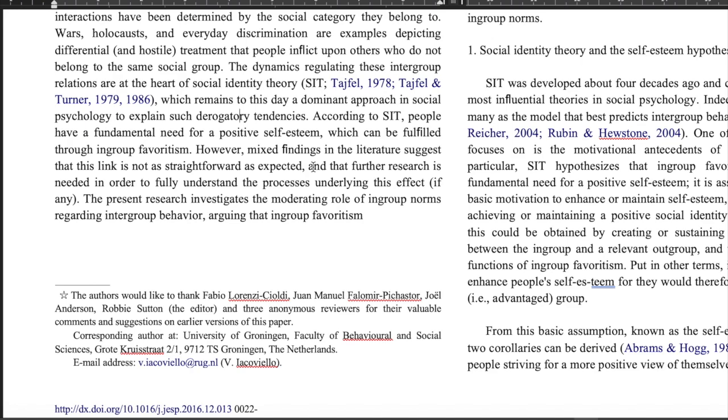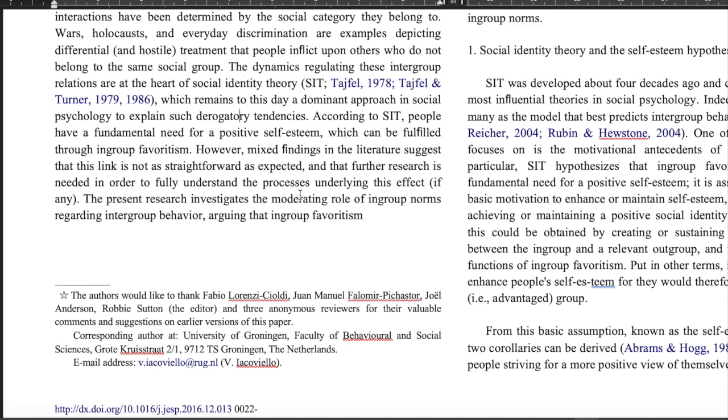Sometimes, yes, that hypothesis has been evidenced. Sometimes it's not. And if you read the entire article, the author also pointed out that in some cases, in-group favoritism did not actually lead to higher self-esteem.